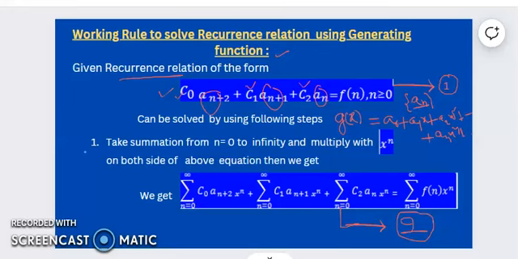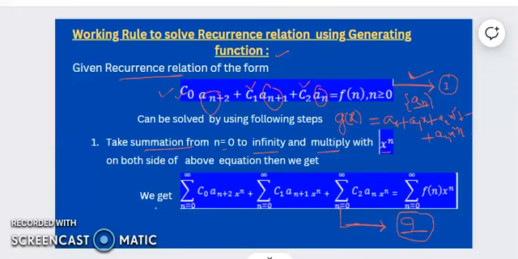Now coming to step 1. Take summation from n equals 0 to infinity and multiply with x power n on both sides of the above equation number 1.